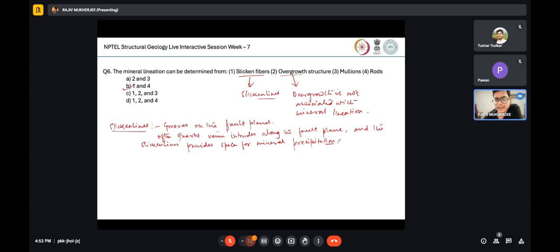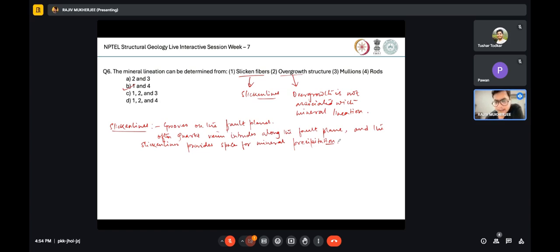So you can easily find these minerals from them. There is very good economic value in these slickenlines, and their non-penetrative nature helps as well, right? That is how slickenlines can be helpful for developing mineral lineations.